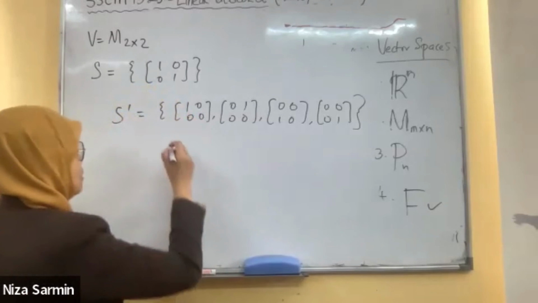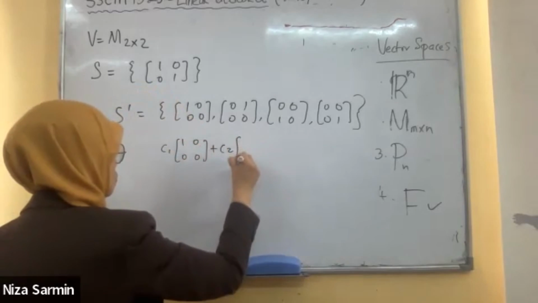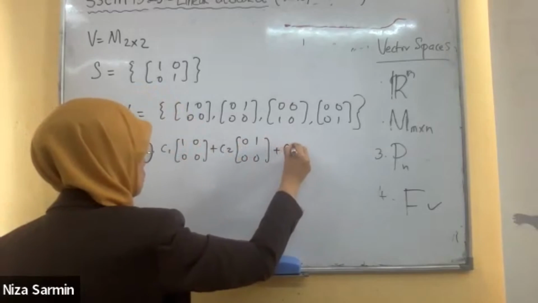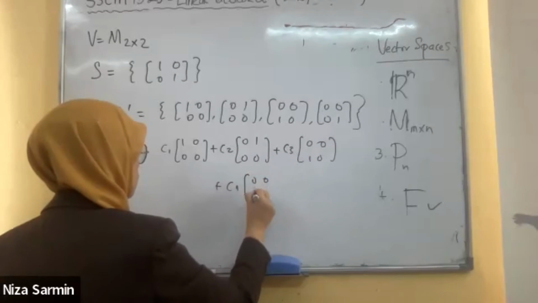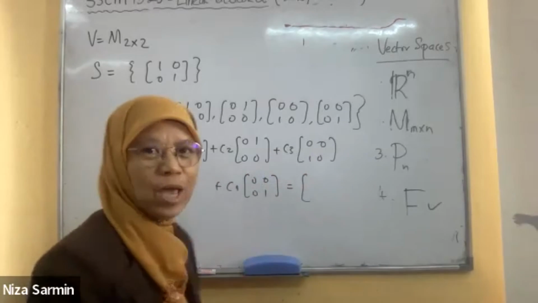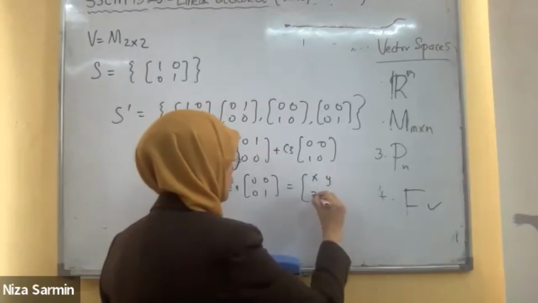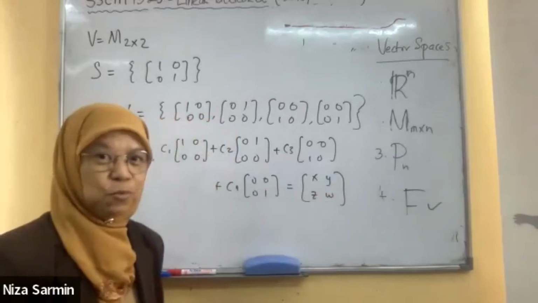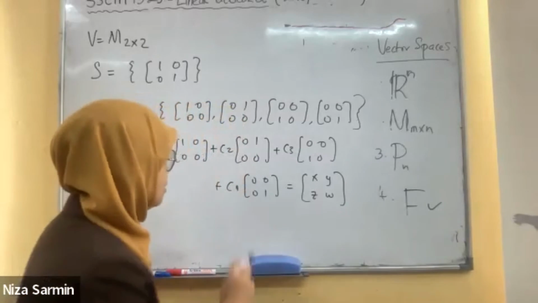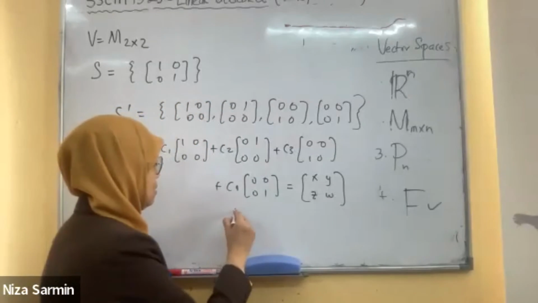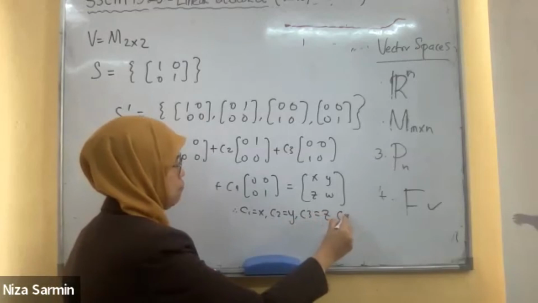Because if you multiply by C1, C2, C3, C4, which is equal to any matrix in M2 by 2, call it X, Y, Z, W. Any 2 by 2 matrix, right? Then very easy, you will get C1 is X, C2 is Y, C3 is Z, C4 is W.